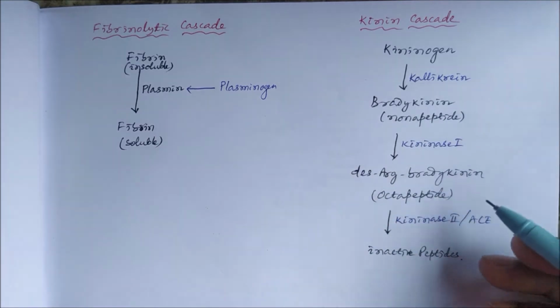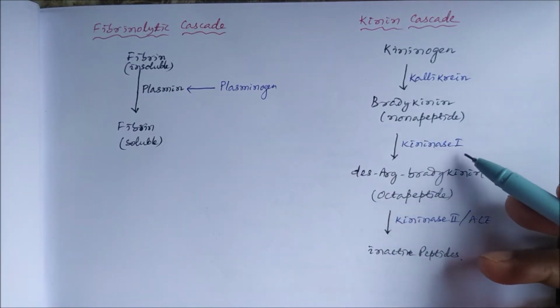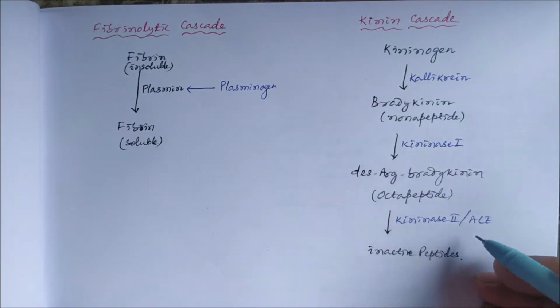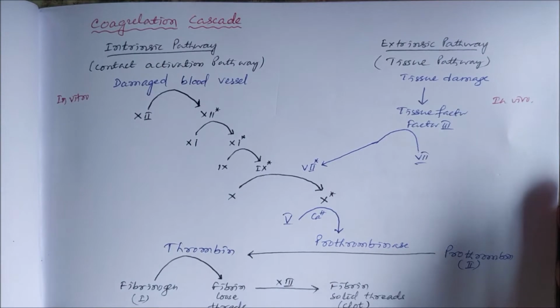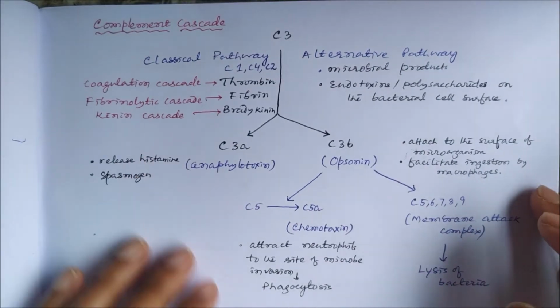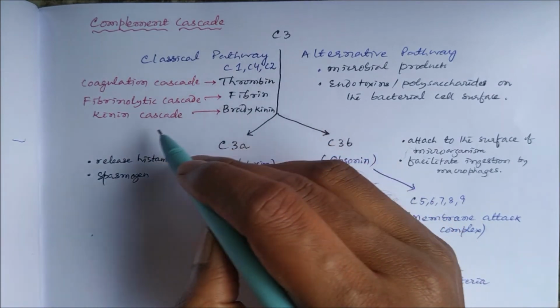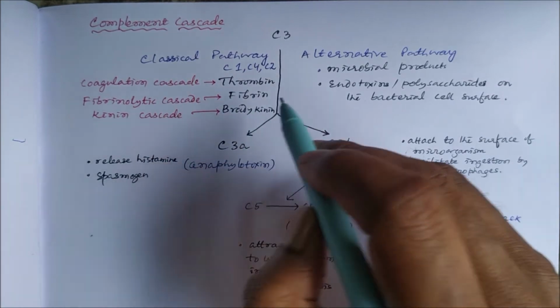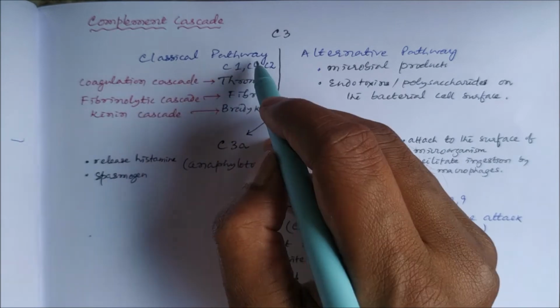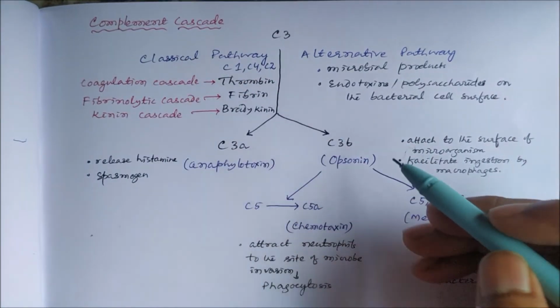Bradykinin is a nonapeptide which is then inactivated by kininase 1 and kininase 2. Kininase 2 is nothing but the angiotensin converting enzyme. All these three cascades, the coagulation cascade with thrombin, the fibrinolytic cascade with fibrin, and the kinin cascade with bradykinin, support the classical pathway in the complement cascade.